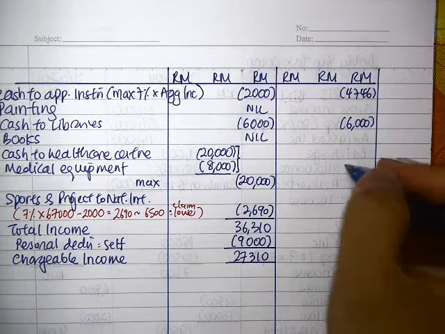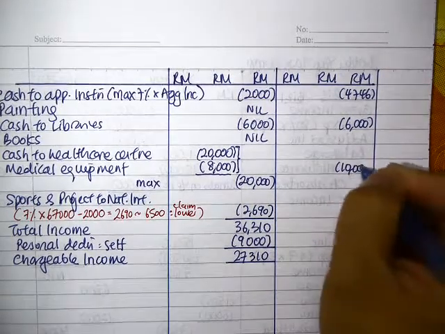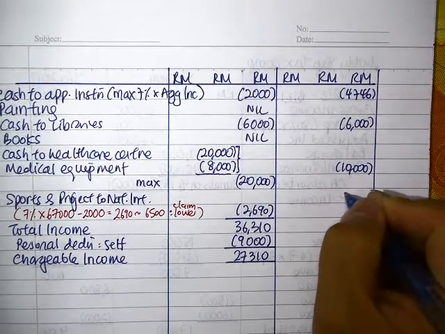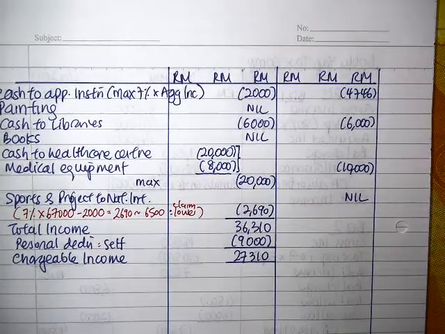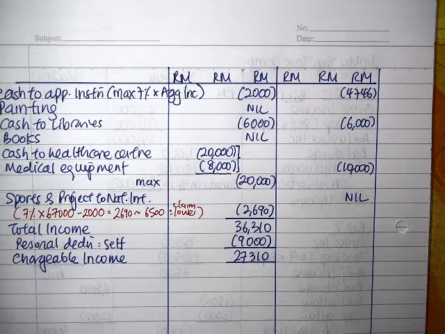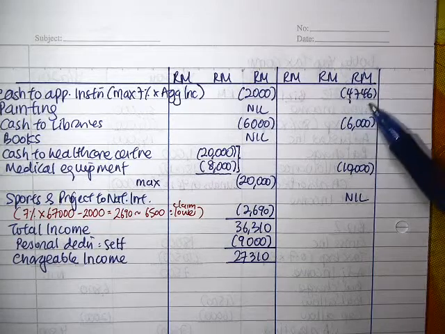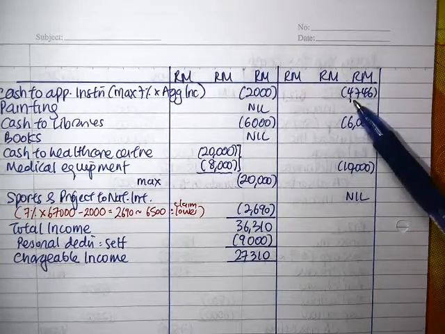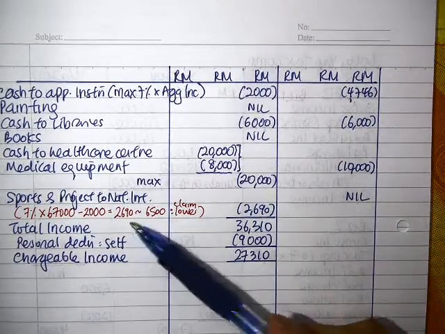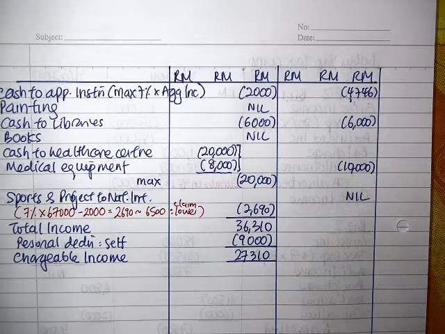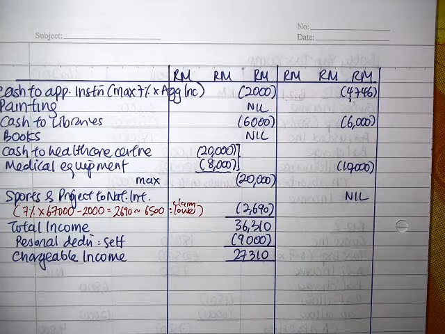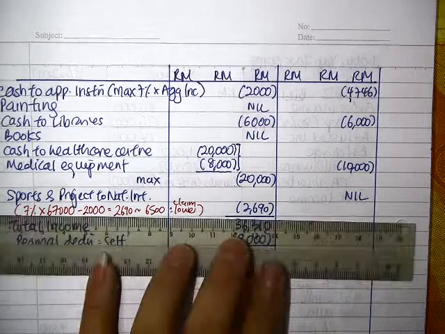The healthcare is 10, and you will not get a deduction for sports project of national interest because you've got the full maximum of 7% here, and minusing this, the amount is 0, so you get the lower as 0, so there will be no deduction. In the exam, please show working, okay?